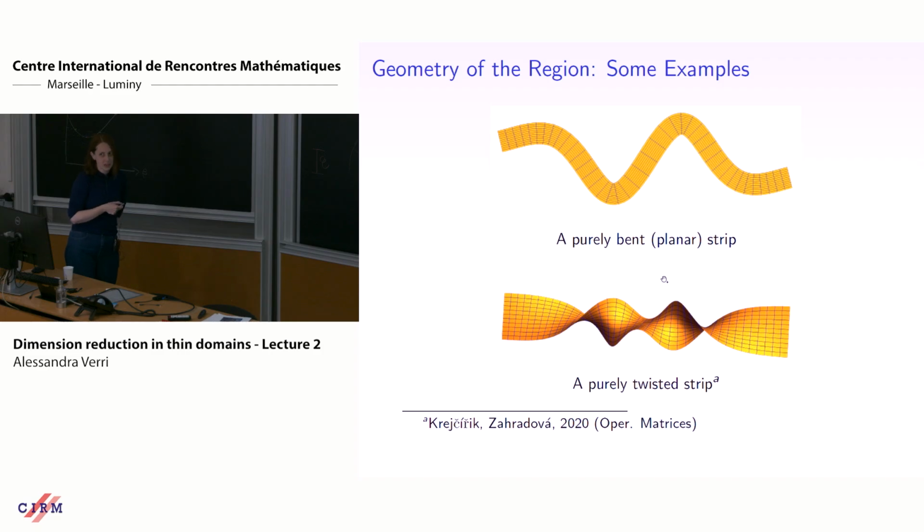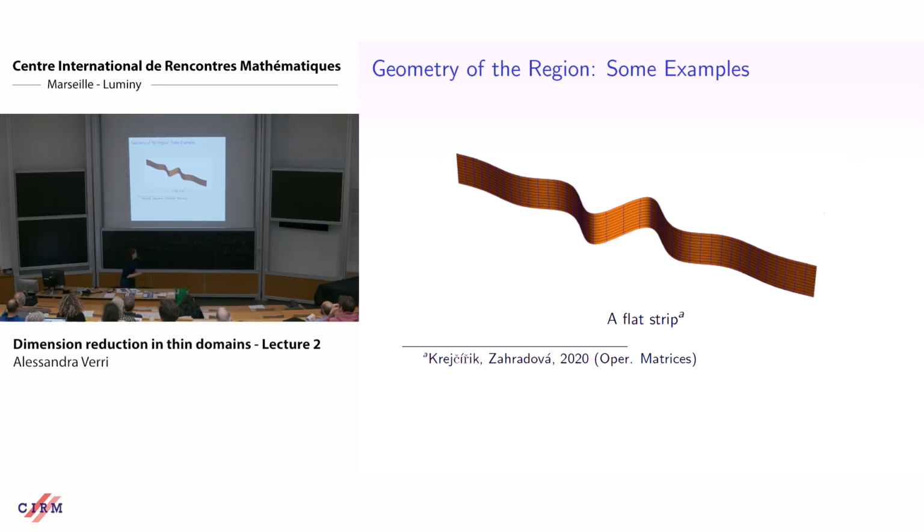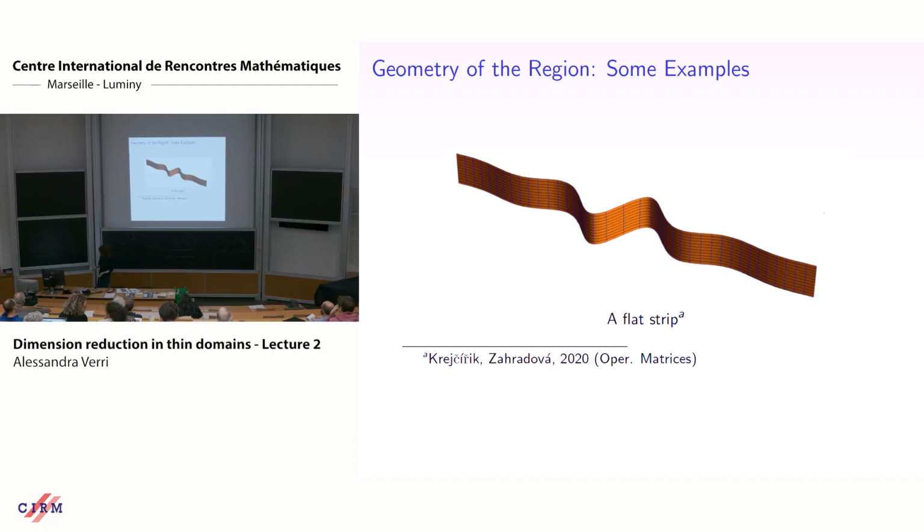So it is a planar strip. Here we have a purely twisted strip. Here we have a flat strip. A flat strip doesn't need to be a straight strip, as in this case. So this is a flat strip for us.